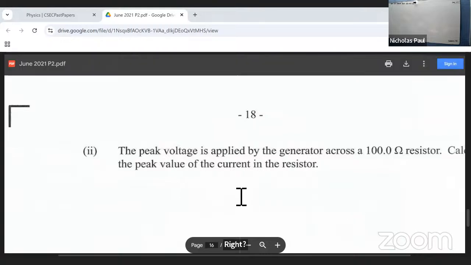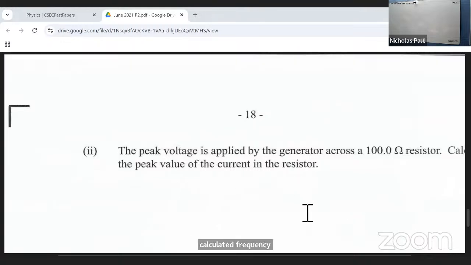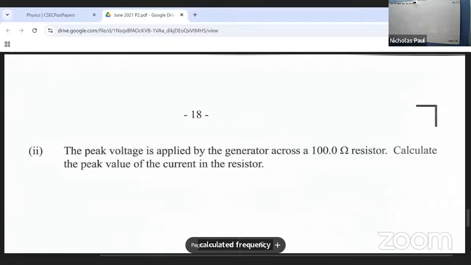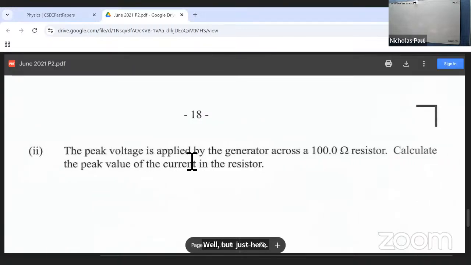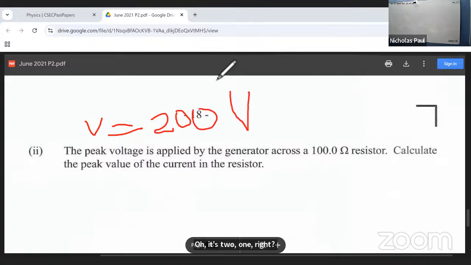The peak value is applied by the generator. Calculate the peak value of current. All right, so the peak value of voltage here was 200, right? So you see, in a magnet question, you have to know electricity.